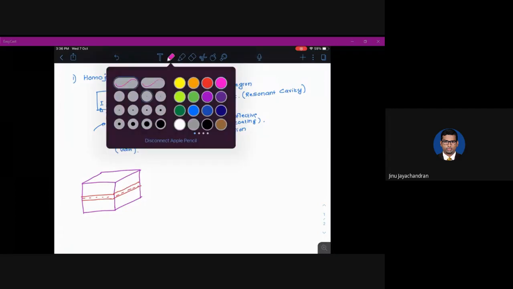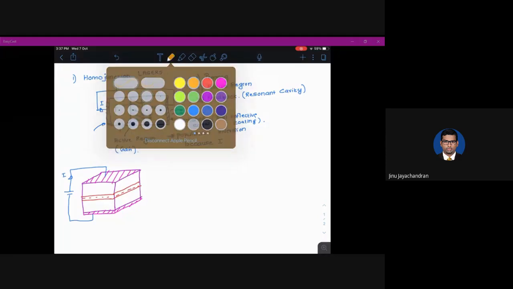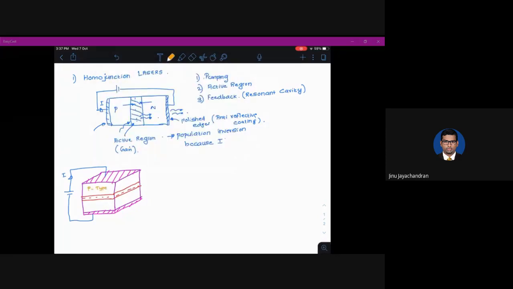There will be some kind of metallic contact at the top and bottom so that you can supply electricity, and you connect your supply to this metallic structure to pass current. This will be a p-type material and this an n-type material, with both sides polished.